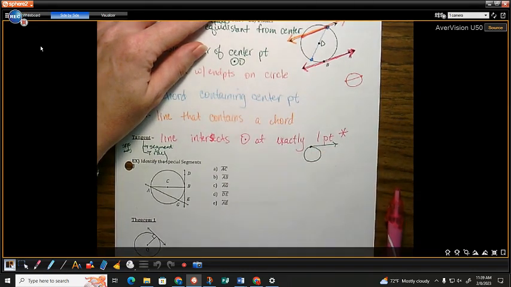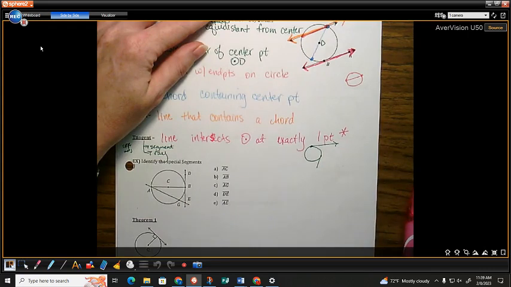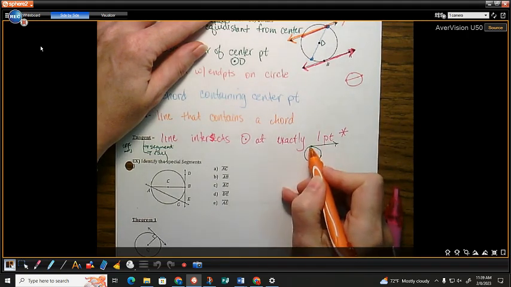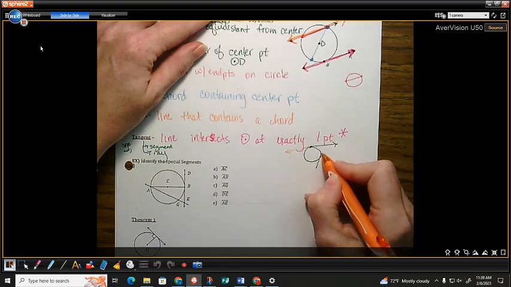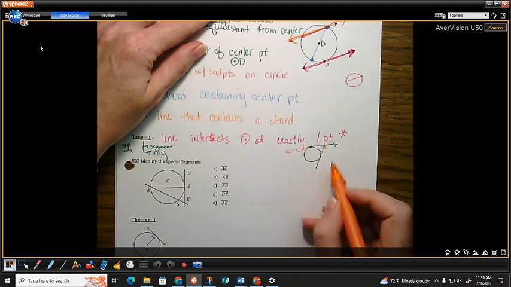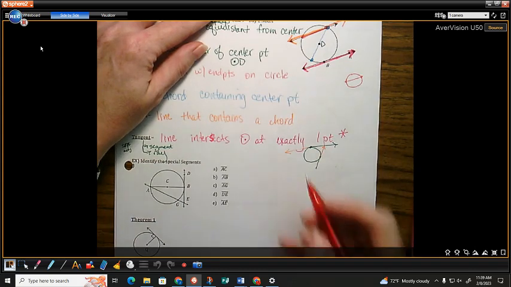That would be a tangent ray. It might look like that. That would be a tangent segment. And the way you can tell that these are actually tangent segments or tangent rays is if you extended them further, it would still never touch the circle in more than one point. Okay? So I'm going to draw a bad one that is not a tangent.